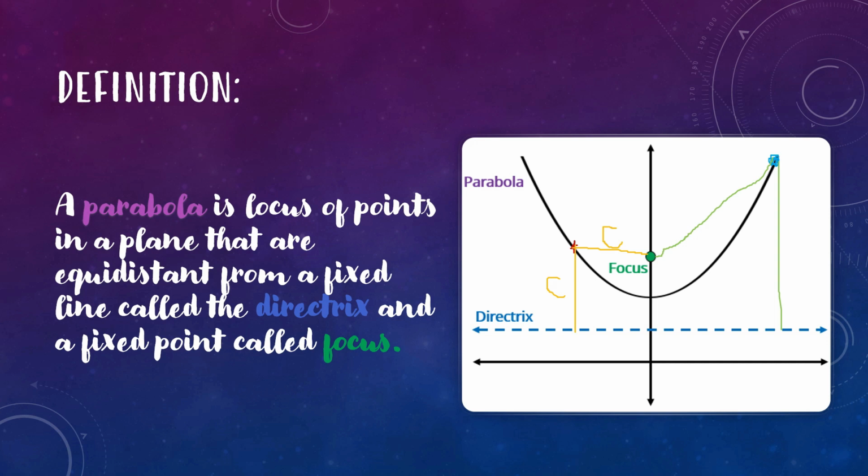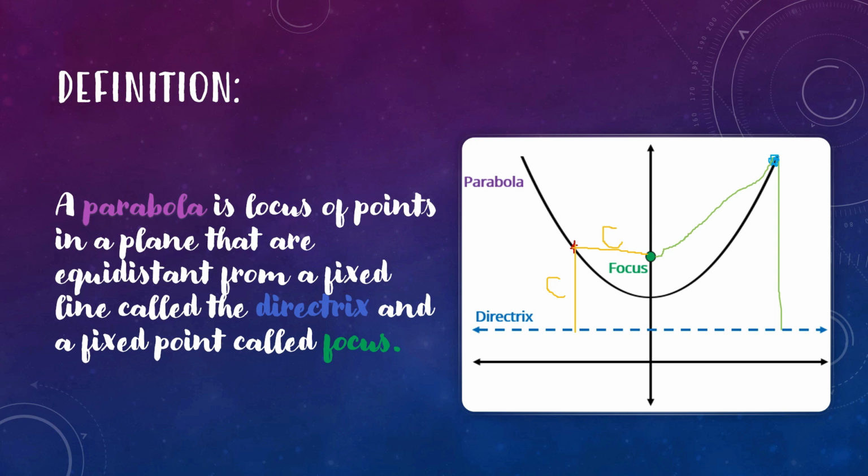Okay, ang distance gikan diri nga point padulong sa focus, equal lang sad sa distance padulong pud sa directrix. So in short, tanang point dira nga nag-form sa curve nga parabola, ang distance nila from focus and distance nila from directrix is equal lang.